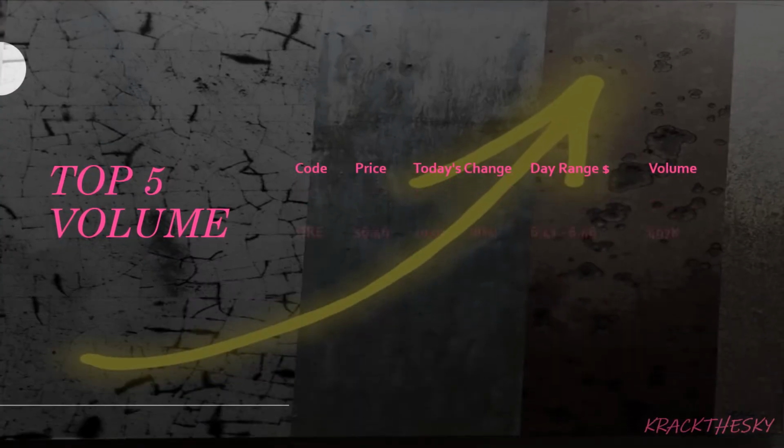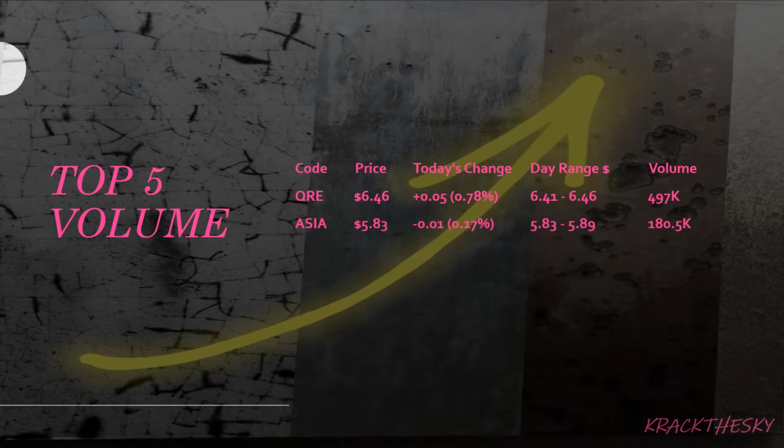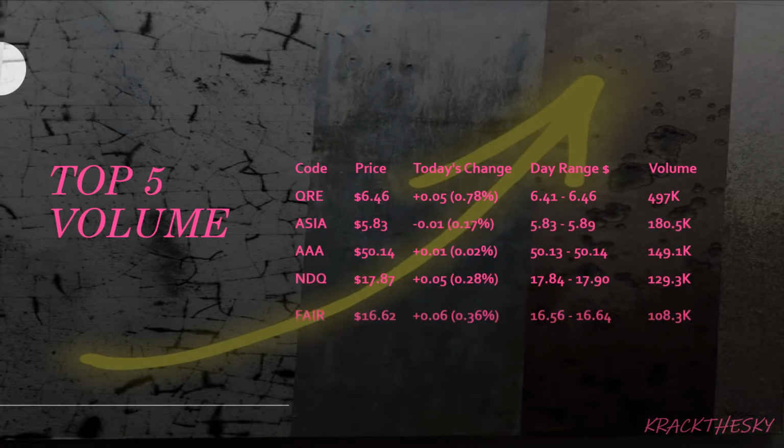So top 5 for volume. QRE, Asia, AAA, NDQ, and FAIR. So, as mentioned before, QRE is the BetaShares S&P ASX Resources Sector ETF. Asia is the BetaShares Asia Technology Tigers ETF, and that one tracks the top 50 technology and online retail stocks in Asia.